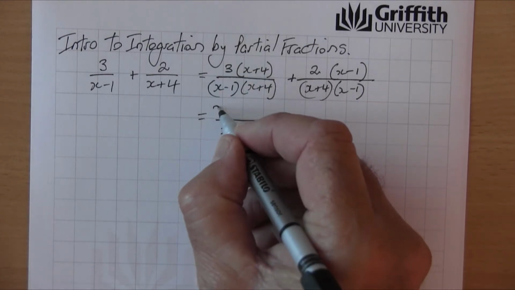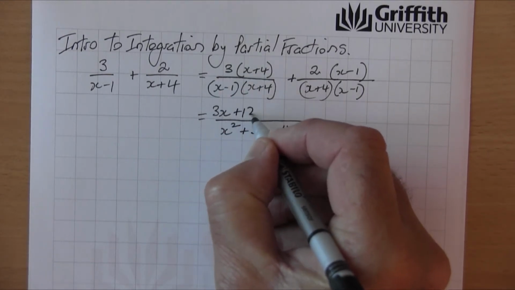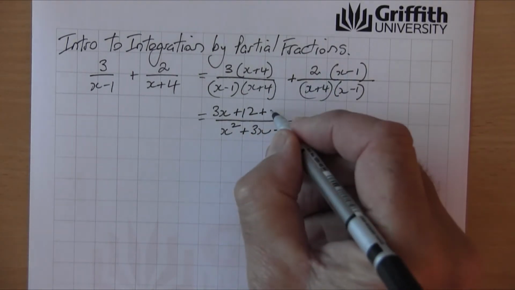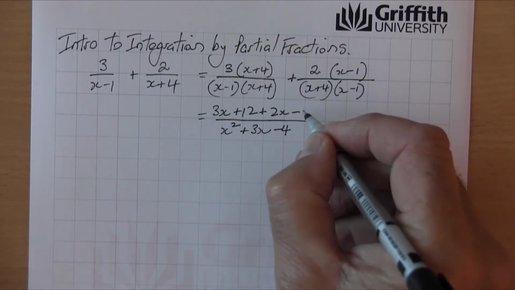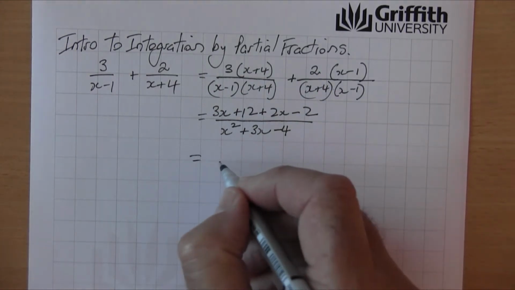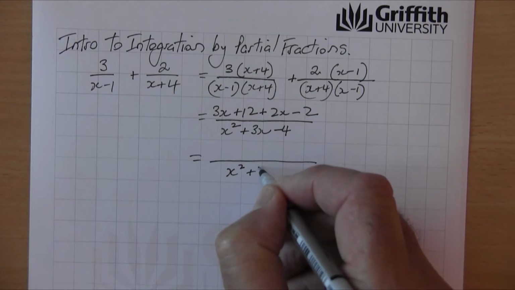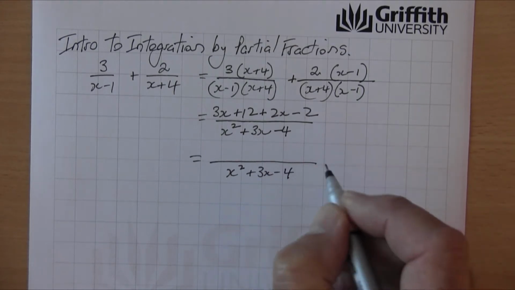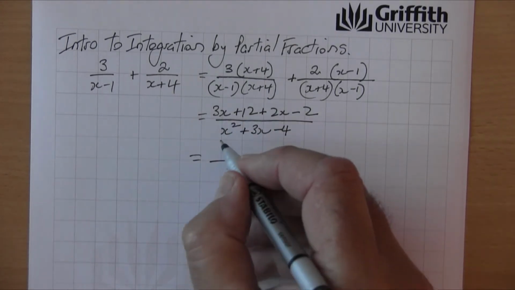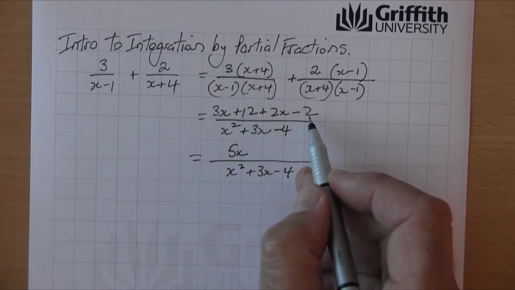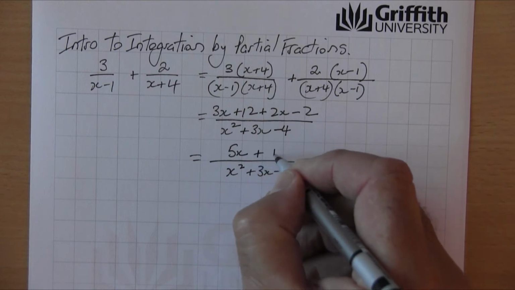So we've got 3x plus 12 when I multiply by there, plus 2x minus 2. Collect like terms on the top, the denominator stays the same as x squared plus 3x minus 4. Collect your x's together and you get 5x, then plus 12 minus 2 is plus 10.